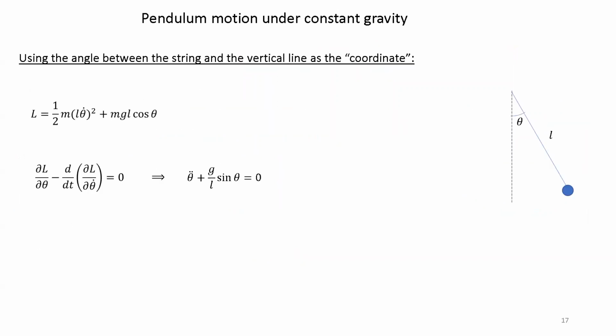You actually know which coordinate to use: when you first learned about the pendulum problem, I'm sure you used theta as your variable to study the equation of motion. So here, if we do the same, I'm going to set up the Lagrangian. It will look like this.